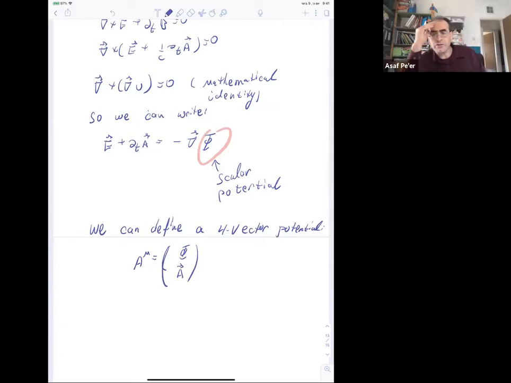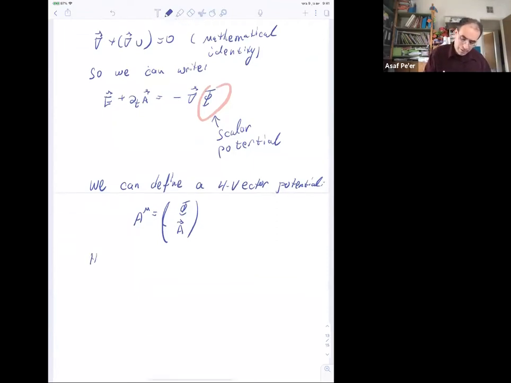Again, this is a 4-vector. It has all the properties of a 4-vector. And using this, we can now write down the remaining 2 Maxwell's equations, Gauss's law of magnetization and Faraday's law, the homogeneous Maxwell's equations.